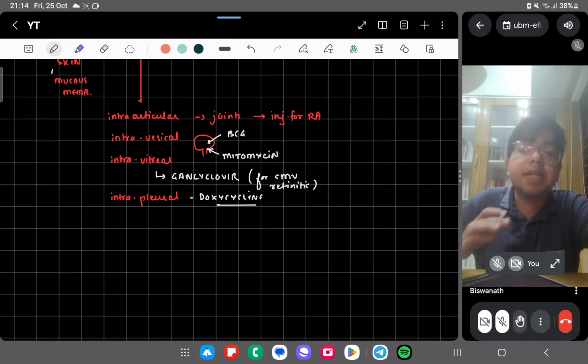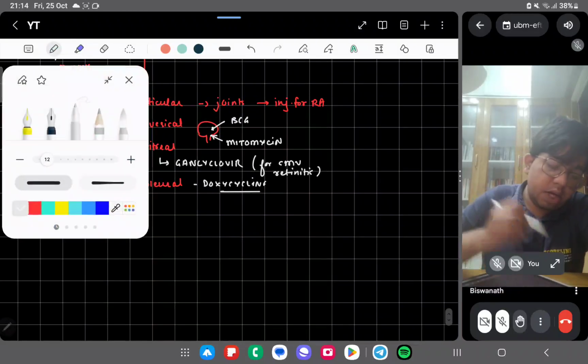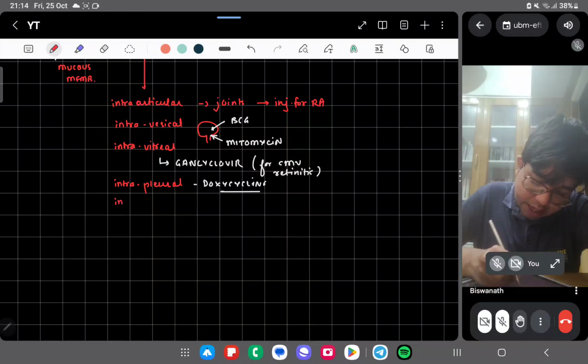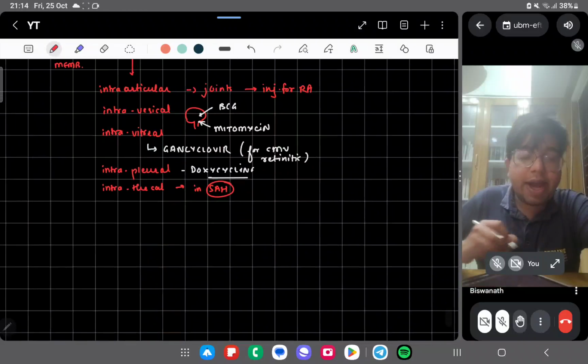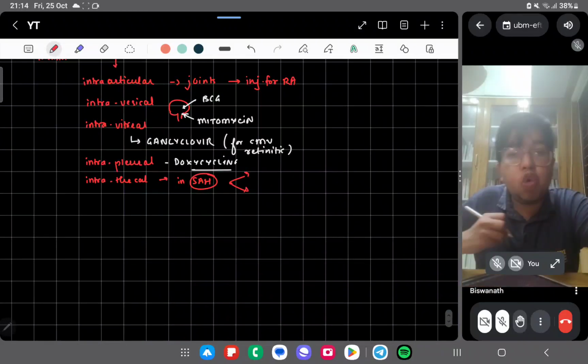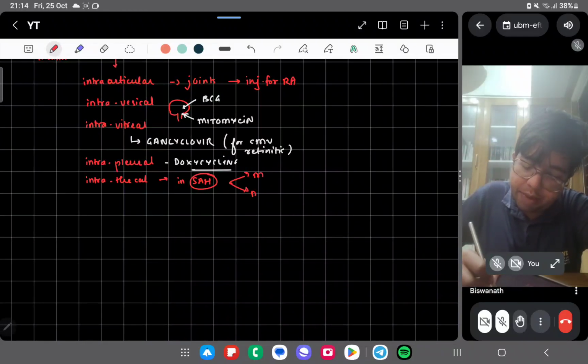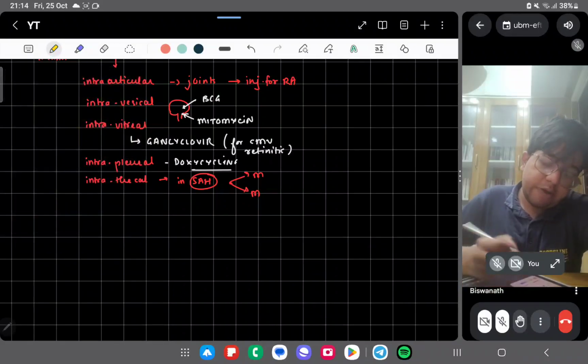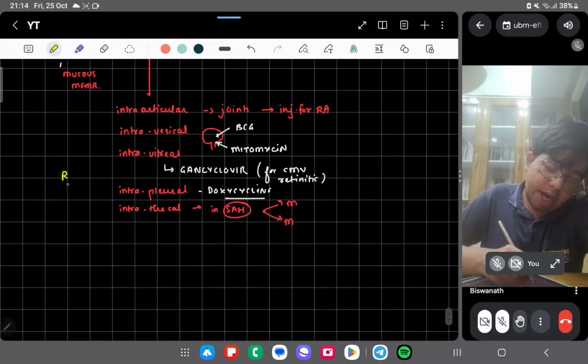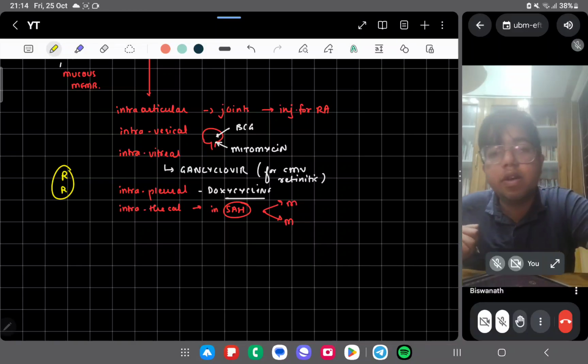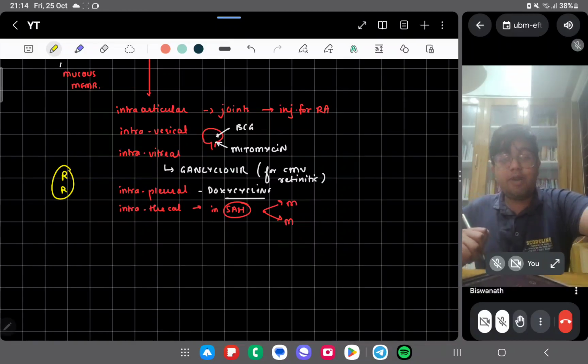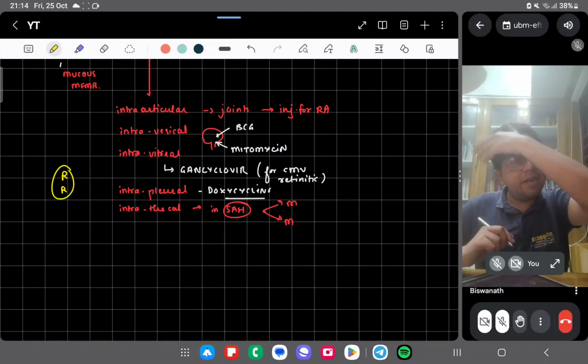Okay, some drugs are given intrathecally, in the subarachnoid space. Intrathecal, in SAH. SAH means subarachnoid space. So we have two M's. Okay, MM. What was the mnemonic in RR? I told you today.